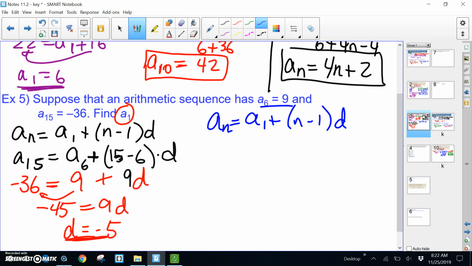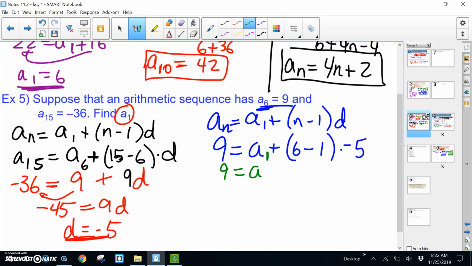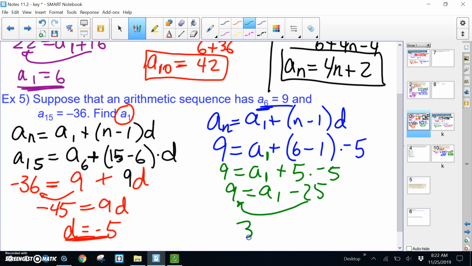A6 was 9 is going to equal A1 plus, remember we used n was 6, so 6 minus 1 here times the d was negative 5. 9 equals A1 plus 5 times negative 5. 9 equals A1 minus 25, and add the 25 over, you get 34. A1 equals 34.